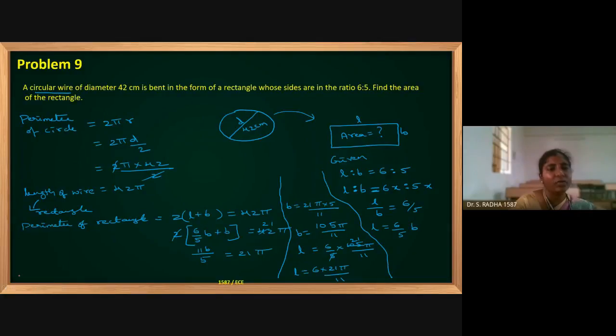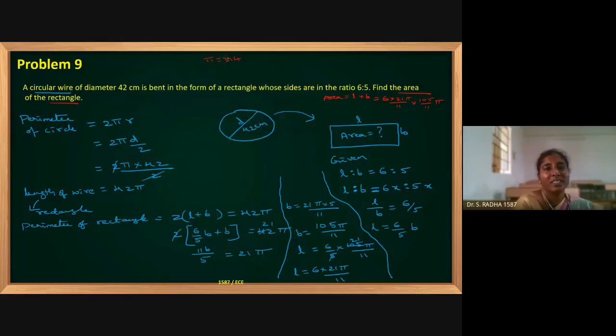Now I will go with area of the rectangle. Area is nothing but length into breadth. Already we have length value 6 into 21 pi by 11 and breadth value 105 by 11 into pi. Pi value is 3.14.